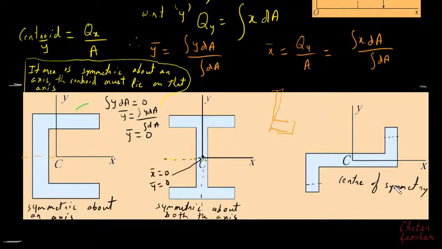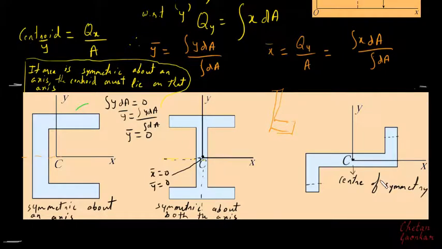And even here in this case the CG will lie exactly at this point, because this section, although it is not symmetric about the axis, is symmetric about this point. It is symmetric about this point, and this point is called a center of symmetry. Fine.